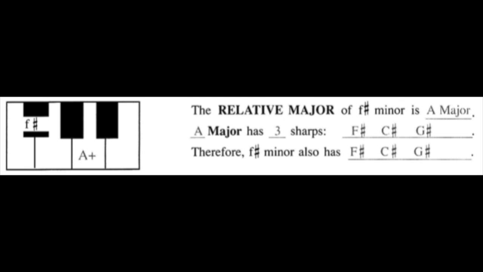For example, if you're in a minor key and your tonic note is C sharp, so you're in the key of C sharp minor, you'd start at C sharp, go up one semitone to D, one semitone to D sharp, and a final semitone to E. So, therefore, E major is the relative major to C sharp minor.